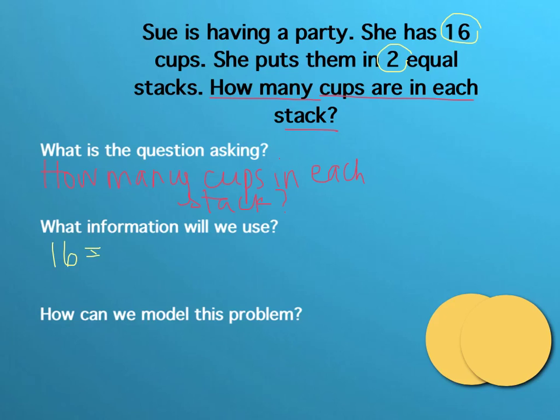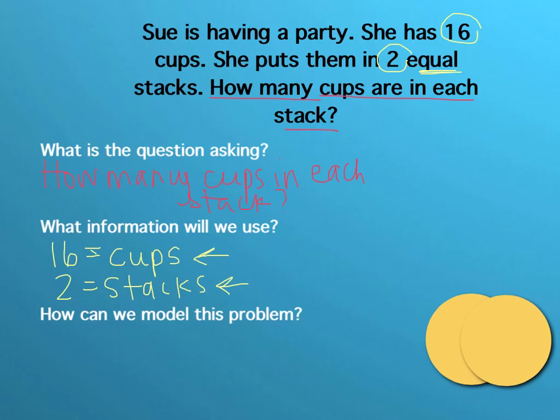She has 16, so 16 equals the number of cups she has, and the 2 is equal to how many stacks she puts them in. So we need to think about how we're going to model this problem now. If we know that we have a total of 16 cups, and the cups have to be put in 2 equal stacks, how many cups are in each stack?